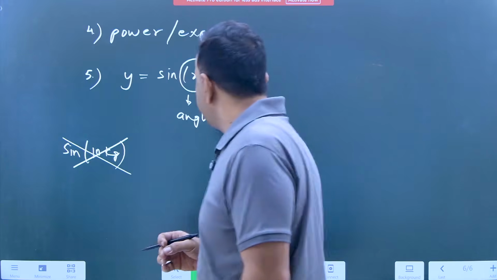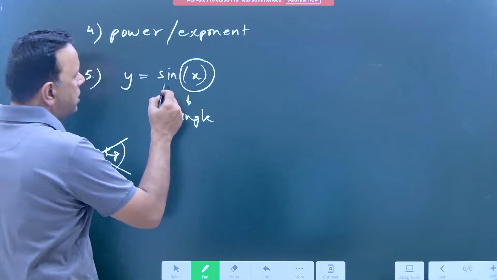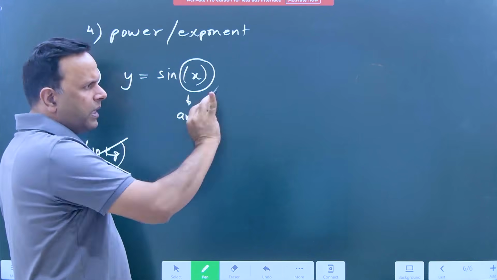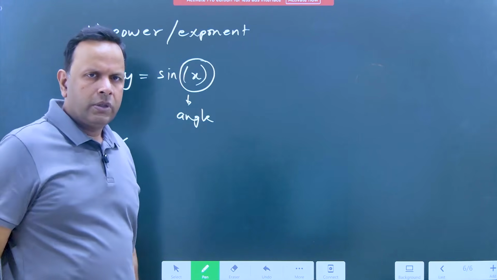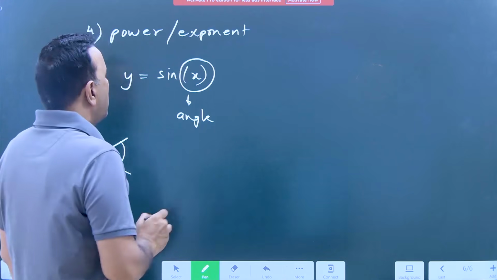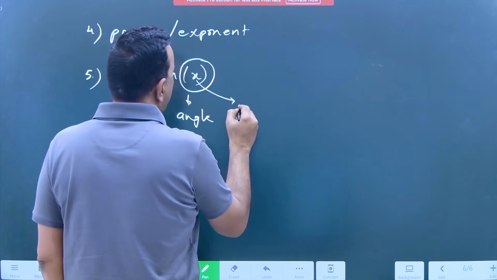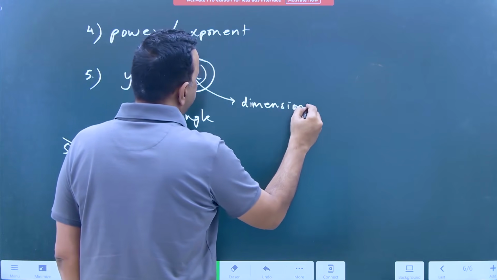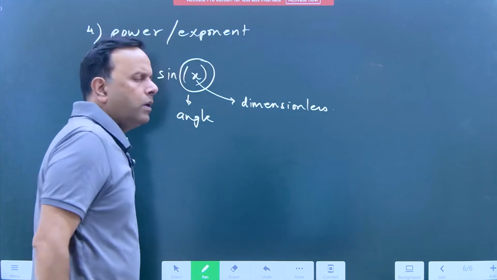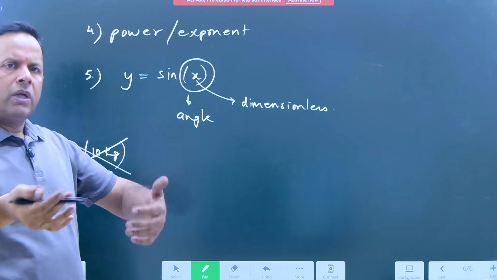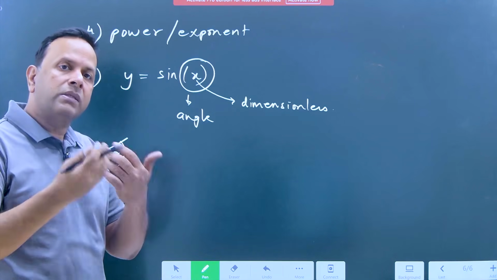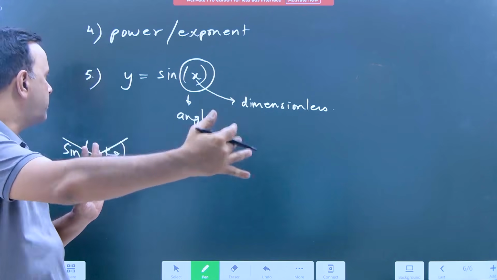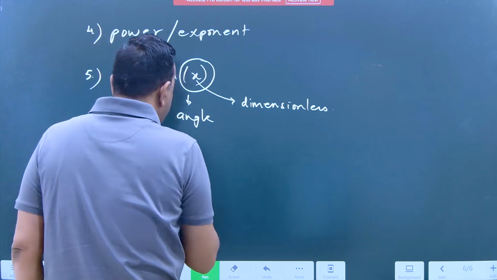So tell me one thing, if I write something inside the sine and I simply say that this is the correct equation, now tell me, can I say the x is dimensionless? Right? So whatever you write inside the sine of something, I wrote sine x here only.